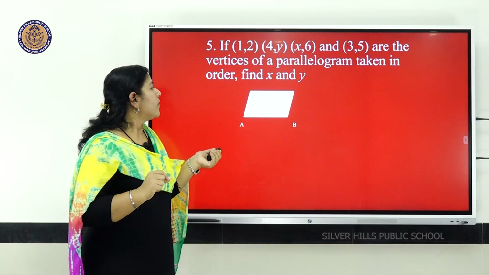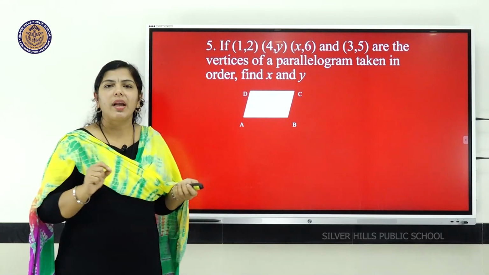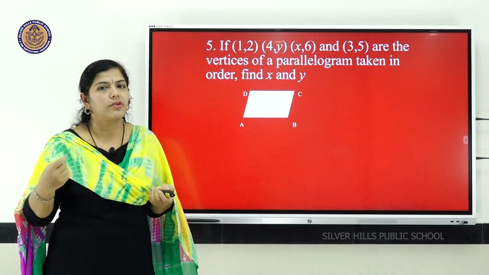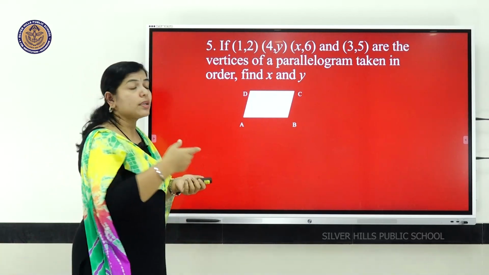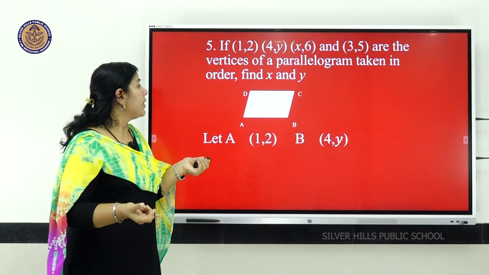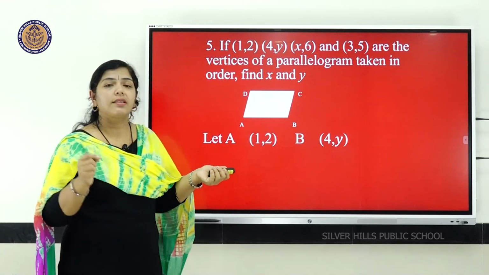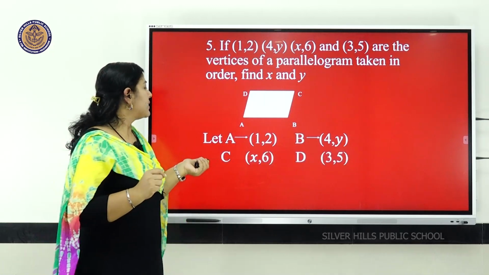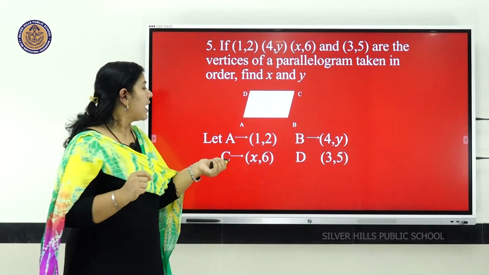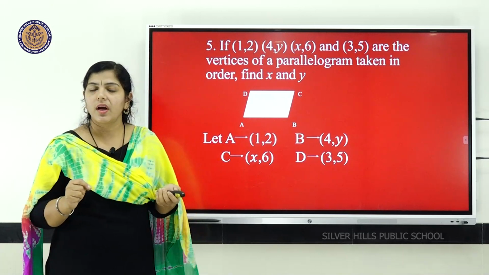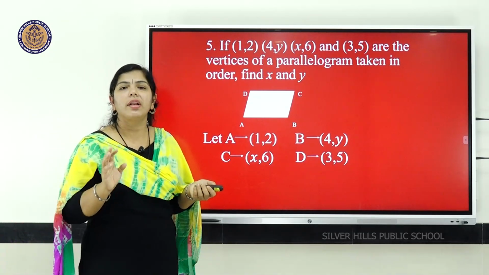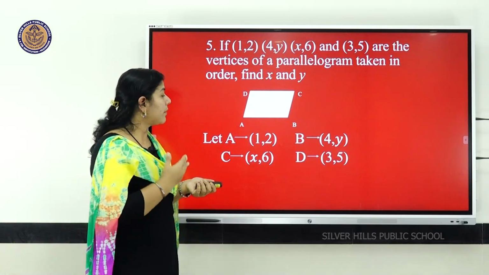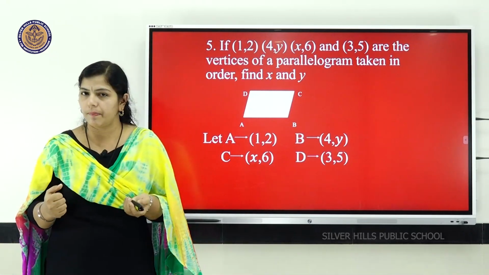We will just name the parallelogram ABCD, naming all the points so that it is easier for us to represent. We represent A as 1, 2, B as 4, y, C as x, 6 and D as 3, 5. All the 4 vertices of the parallelogram are marked as A, B, C, D.